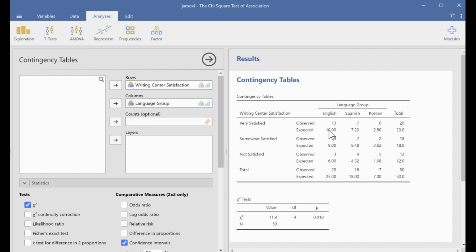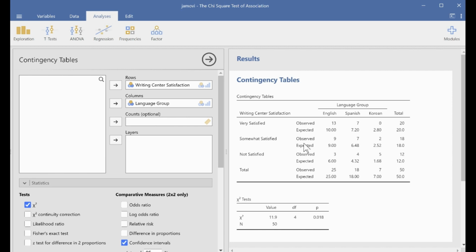So we're above expectations for the English speakers who are satisfied. If we go over here to the Korean speakers, we would only expect about 2 Korean speakers to actually be dissatisfied. And actually what we have is 5. So they're overrepresented in the dissatisfaction level.